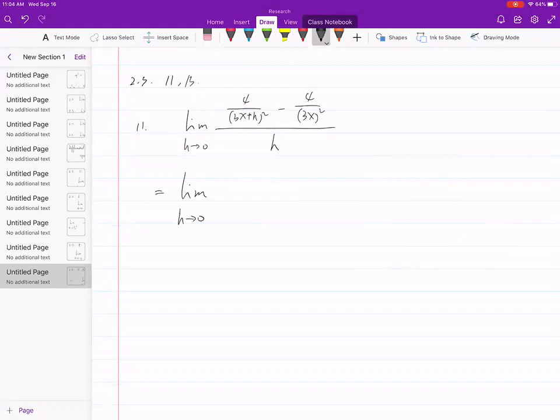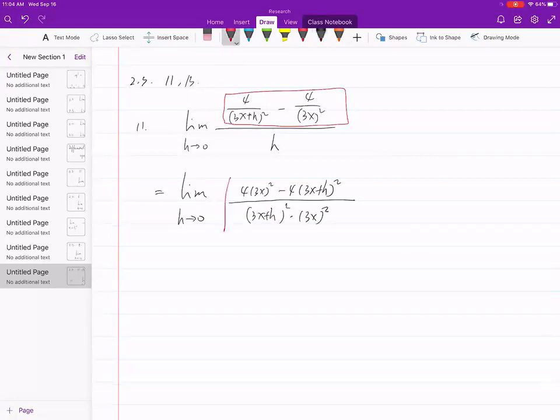Now let's think about how to do this. We noticed there's no conjugate. This is a big fraction. I'm going to do this minus this, times 3x squared. So far, that's everything in the red box. And when I finish, I want to divide by h, which looks not pretty.